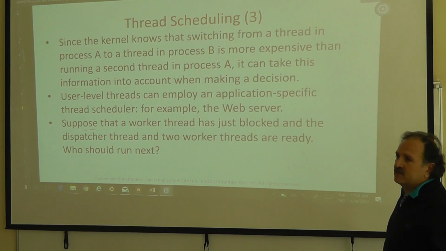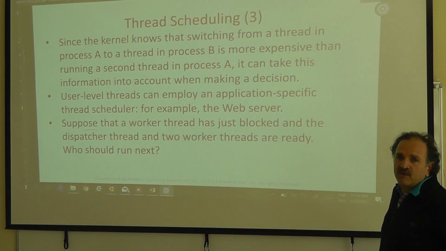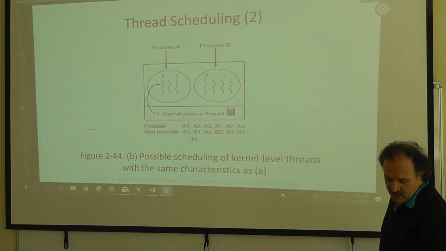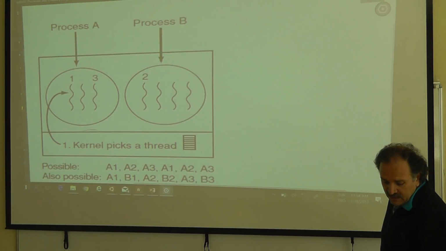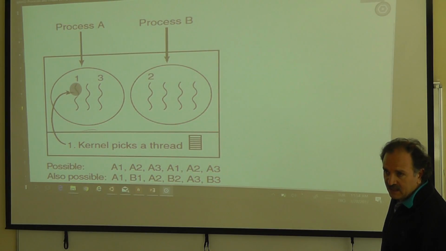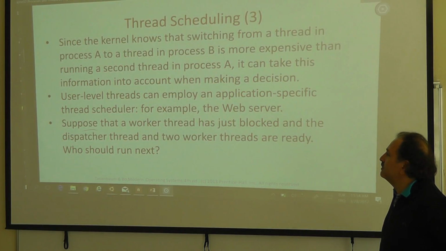In user level threads, I can do this kind of adjustment. I know that one of the threads is more important, so I give more priority to that thread. Always run that one first, then let the others run. The kernel wouldn't know this kind of difference. The kernel wouldn't know that this one should always be run first. These are just worker threads. So these are actually the advantages of user level threads.